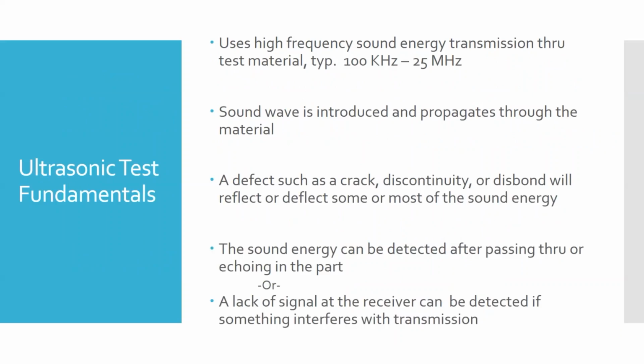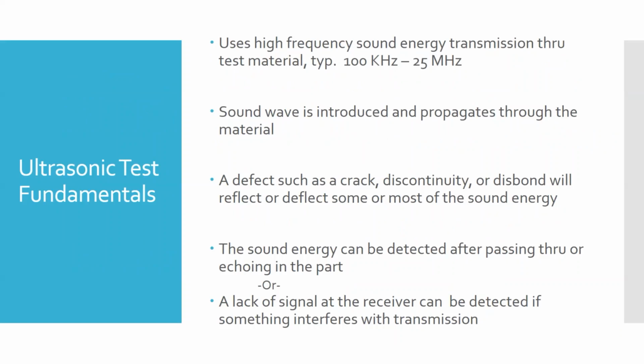What we do is induce a sound wave into a material. We have a device that produces that ultrasound, and it is introduced into the material. It propagates through that material. As it moves through, any changes in the material density, form, or shape are going to affect how that sound wave moves.